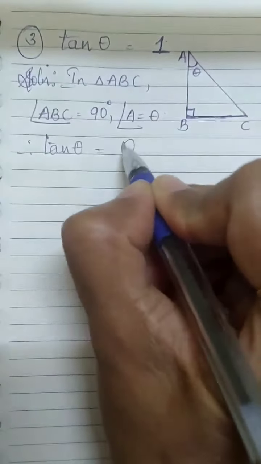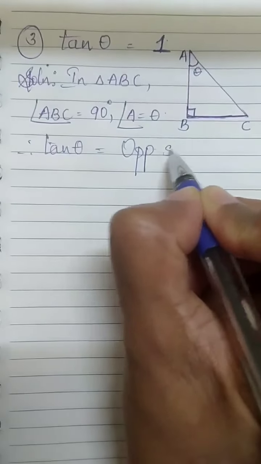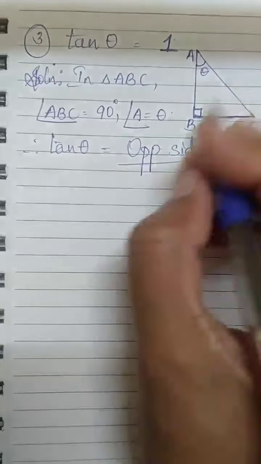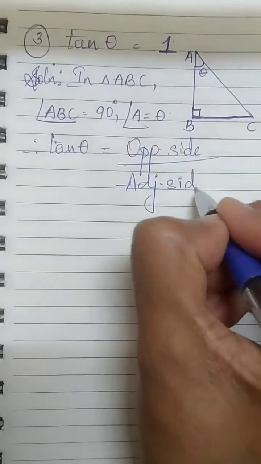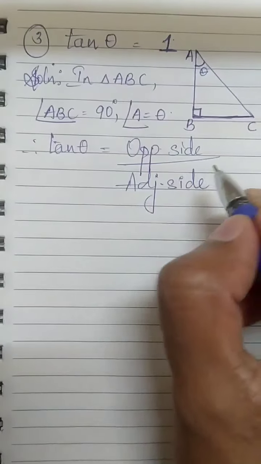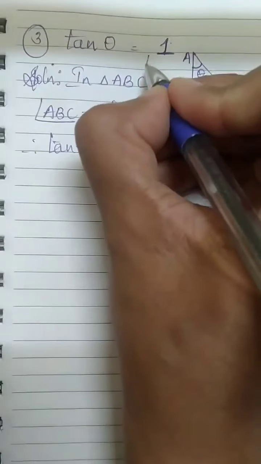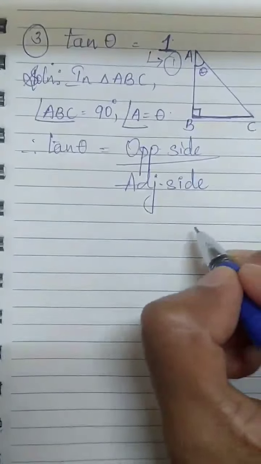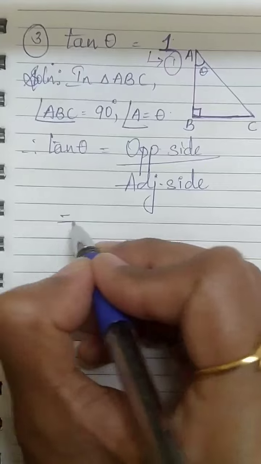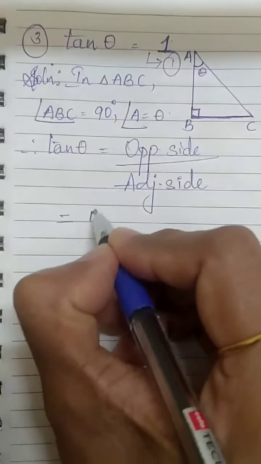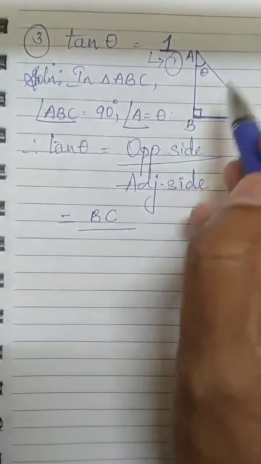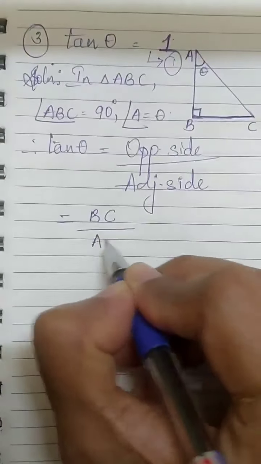Tan theta is equal to opposite side upon adjacent side. This we will give it as 1 and this we will give it as 2 after we get the side. For theta, the opposite side is BC upon adjacent side is AB.